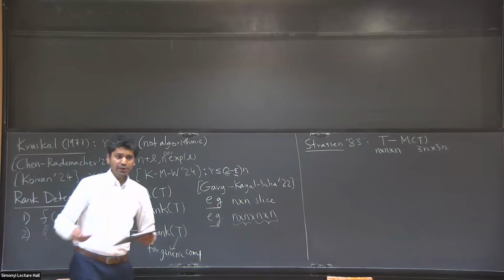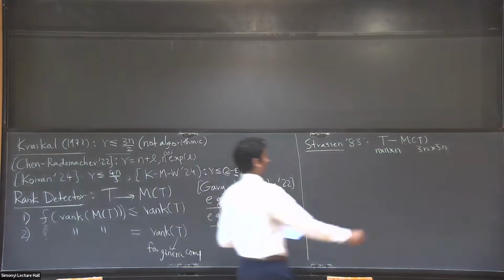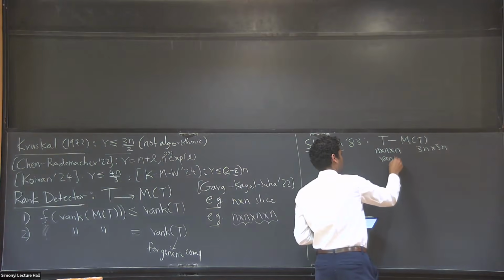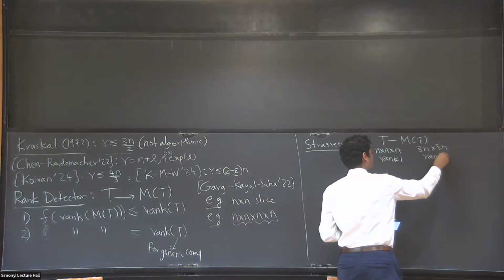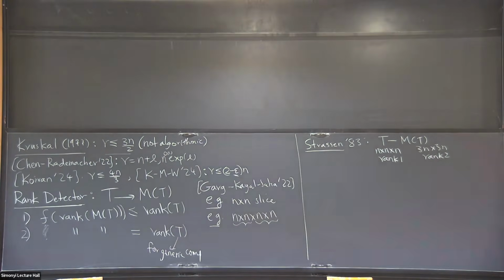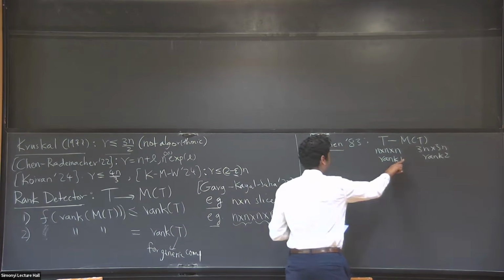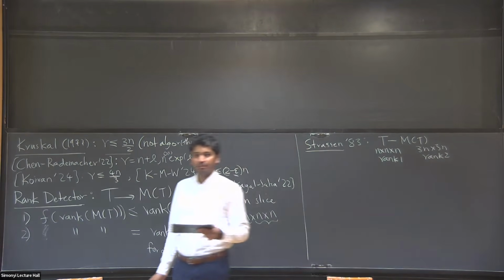Under his map, you can prove that rank 1 tensors map to rank 2 matrices. So this F, so to speak, is simply 2 times the rank of the matrix, in this definition over here. So rank 1 tensors map to rank 2 matrices.